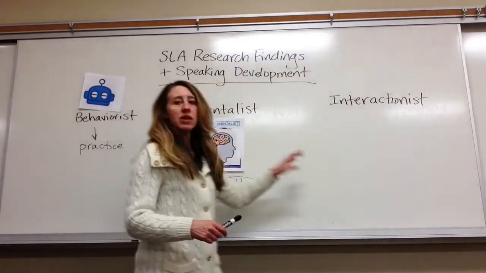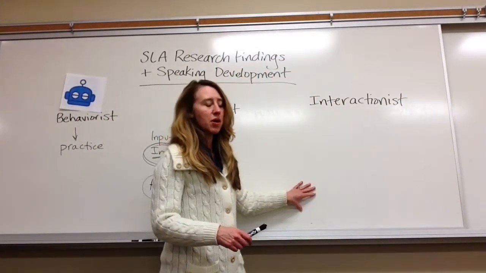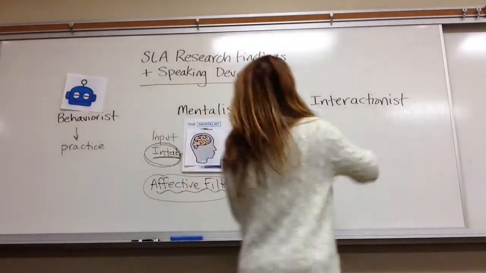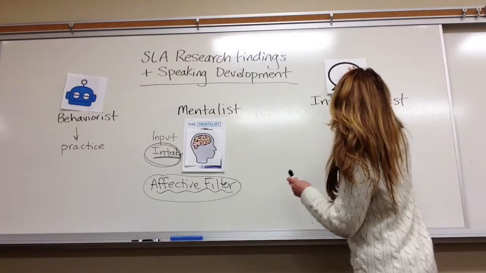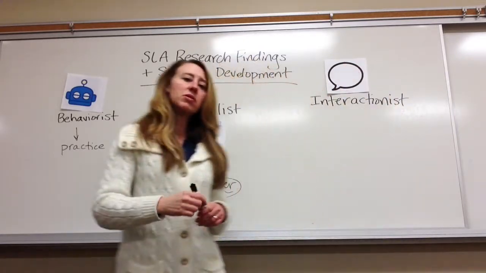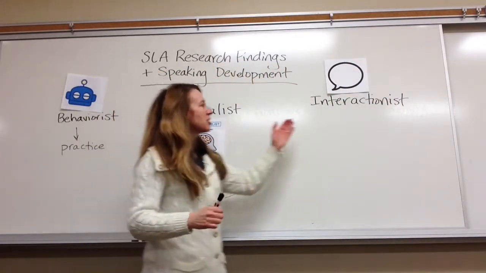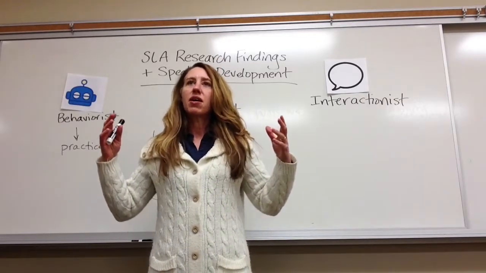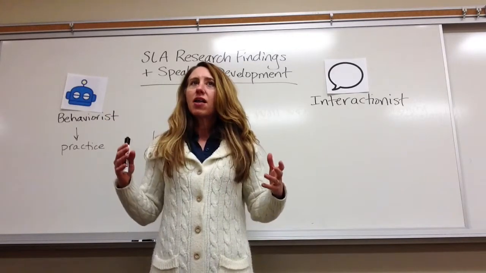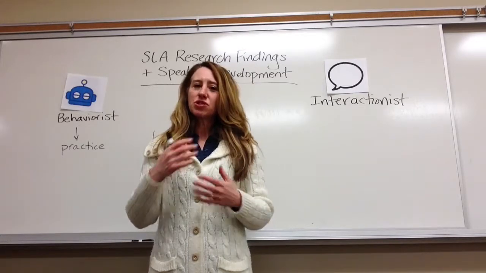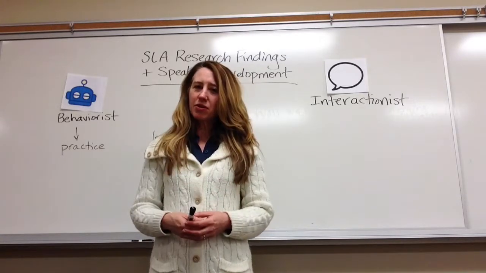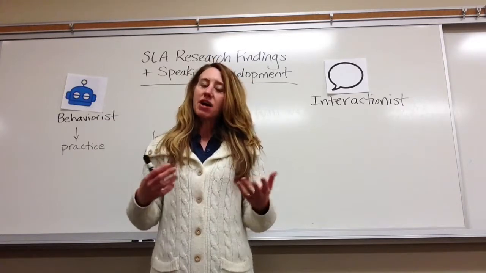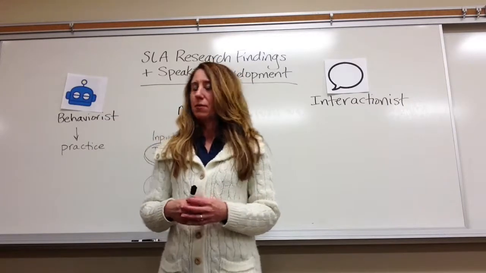And then we have the interactionist model, and I've got a picture here to put up. What I chose is a dialogue bubble. The interactionist model is the approach that if students are not producing some language, if they are not speaking, they will not develop as speakers, right?